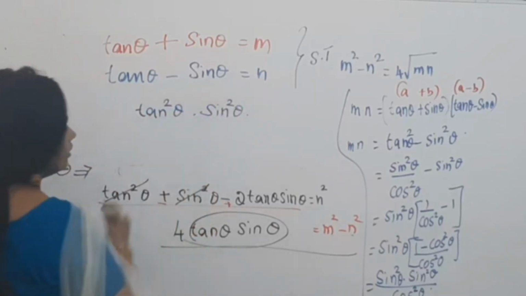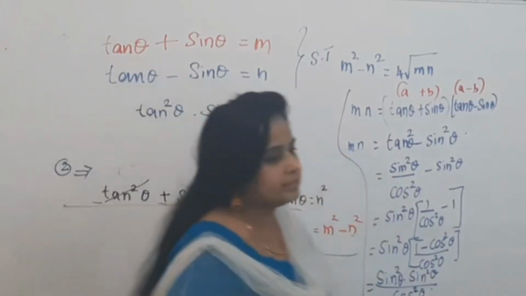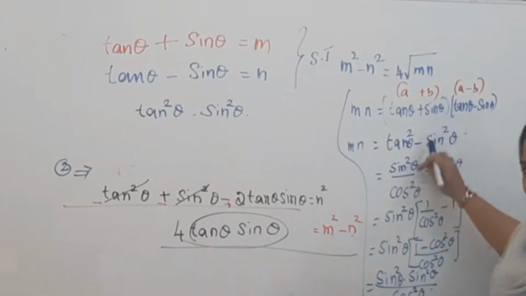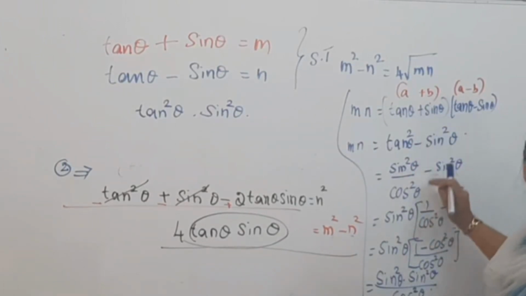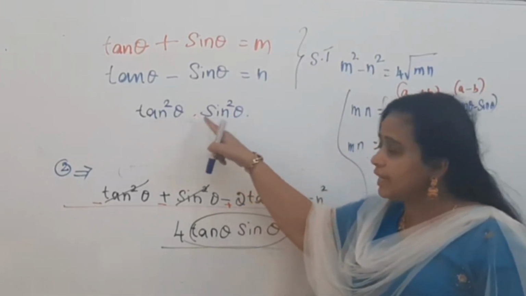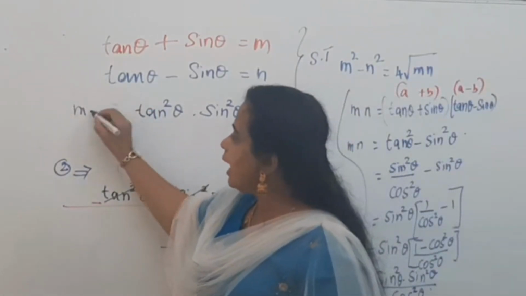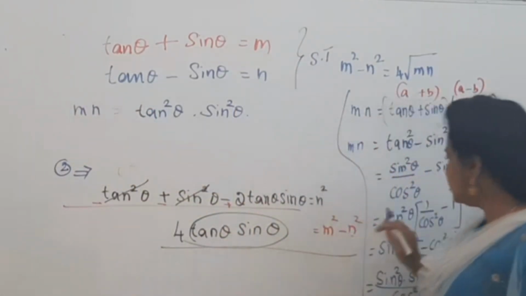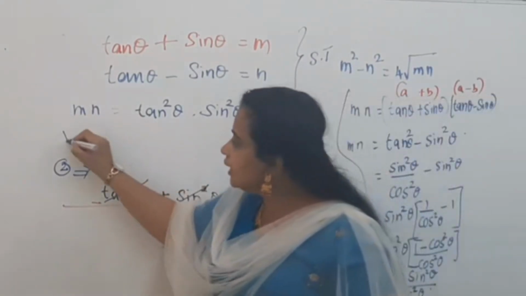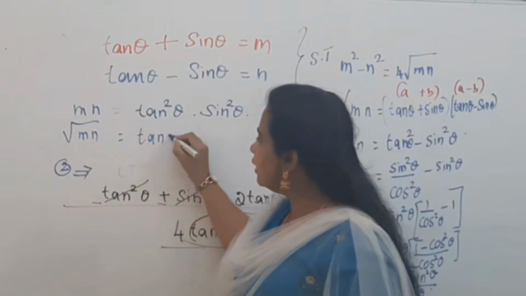You just see here the difference: mn is tan square theta minus sine square theta, and just by substituting my ratios, I brought it to tan square theta into sine square theta, which is equal to my mn. Here is the hint. You have to bring the square root, because while taking the square root, this will become tan theta into sine theta.